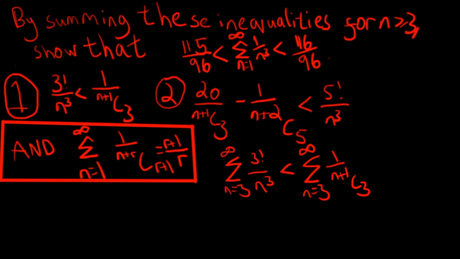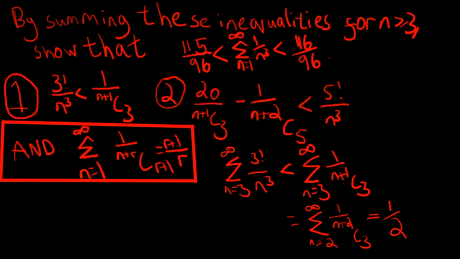And the way that we can do that is by writing the sum from n equals 2 to infinity of 1 over n plus 2 C3. And now this is in the required form, and although it's not from n equals 1 to infinity, we actually evaluated this sum in the first part and we got that it was equal to a half.